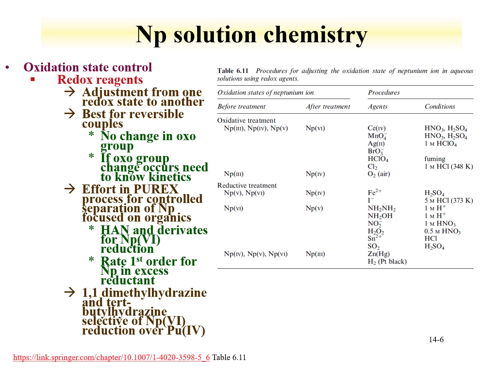So work has been performed evaluating redox control of neptunium in PUREX systems. Hydroxylamine nitrate and its derivatives were used for neptunium-6 reduction to the 5. And this is found to be a first order rate with excess reductant.